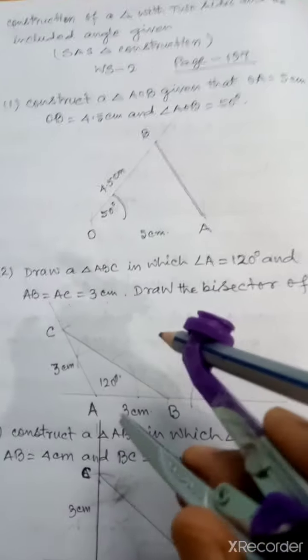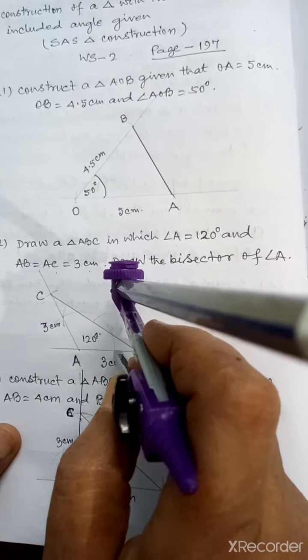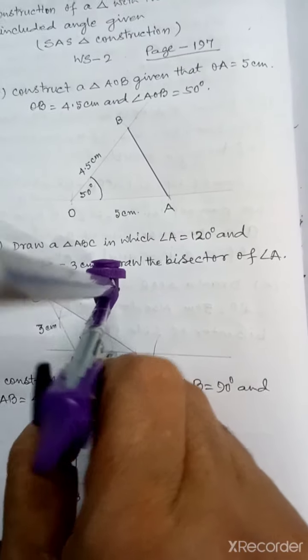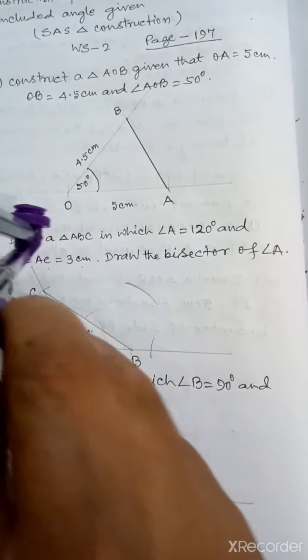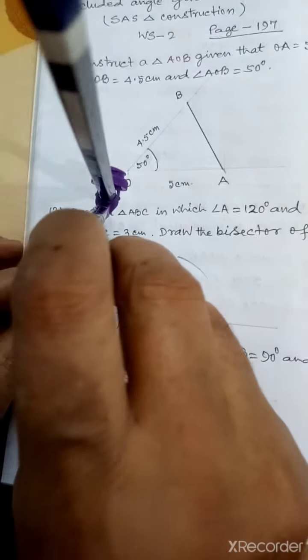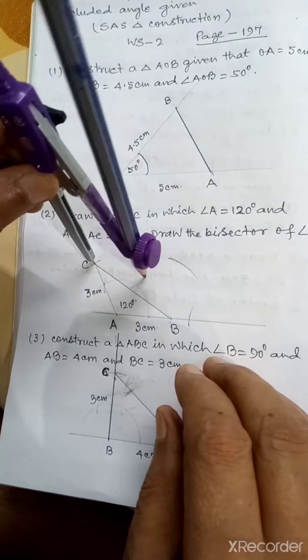Now draw the bisector of the angle A. Draw an arc, and with C draw an arc. They intersect the previous arc.